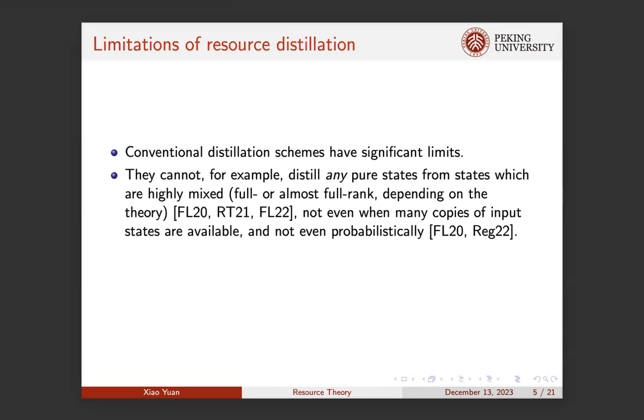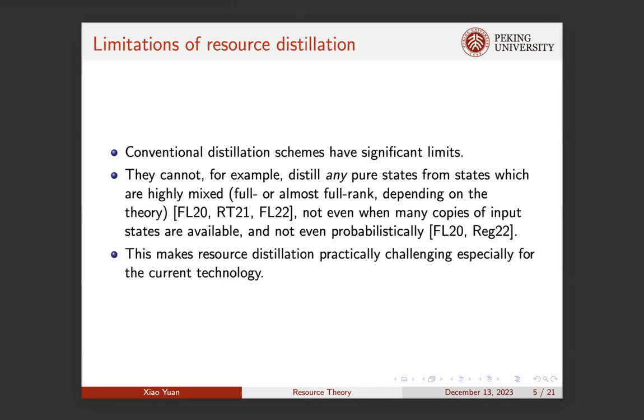We could not distill any pure state from states which are highly mixed, not even when we have many copies of them, and not even when we do it in a probabilistic manner. So this makes resource distillation practically challenging. If we search for experimental papers, we barely find experiments that really do entanglement distillation or other resource distillations.